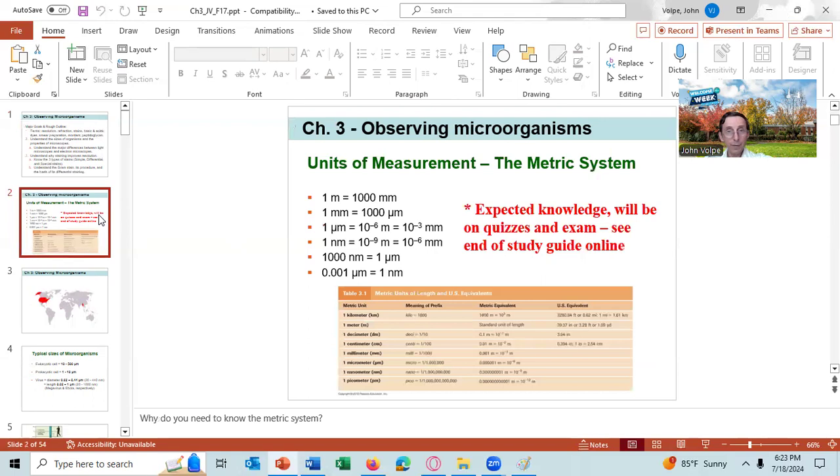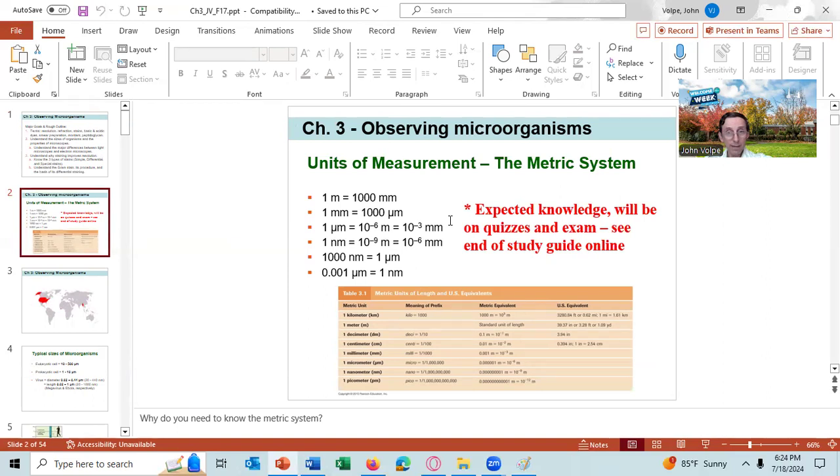In chapter 3, we are going to talk about observing microorganisms, and in science, we use the metric system. So our unit of measurement is the metric system. You must know the metric system, and you will be quizzed on the metric system.